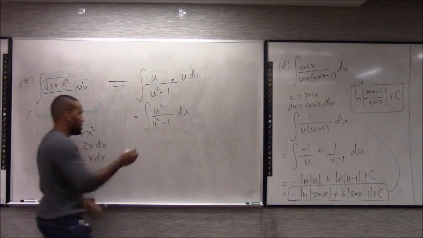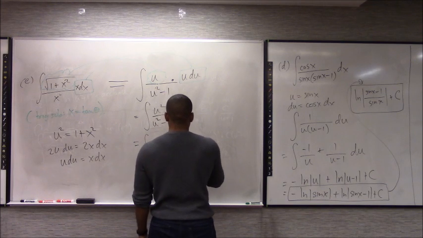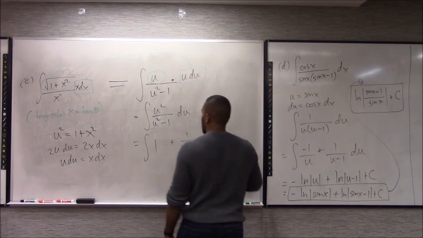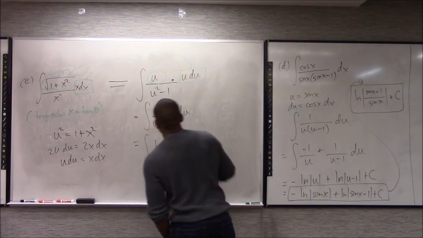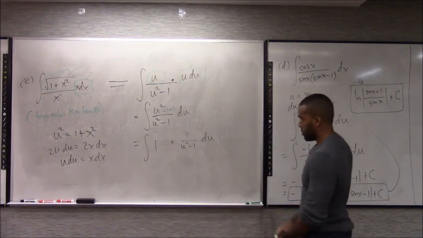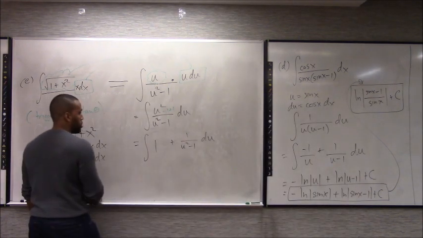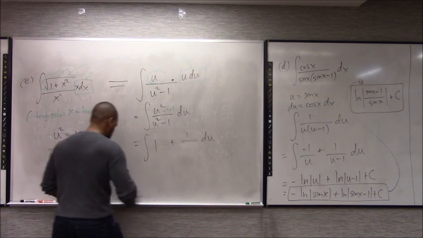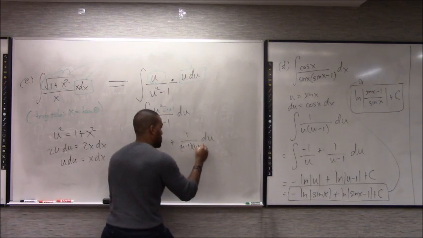We'll deal with this in the typical way. It's going to be 1 plus 1 over u squared minus 1. Right? By going to do minus 1 plus 1. Split it up, I get 1 plus the other thing, which just breaks up into u minus 1 times u plus 1.